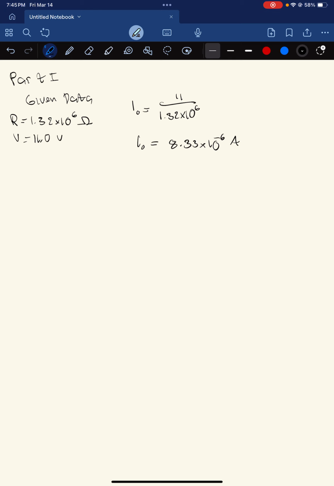Now we have to go with part J. For part J, find the current in the circuit at t equals 17 seconds. Part J, data. What would change this because we have the initial current.